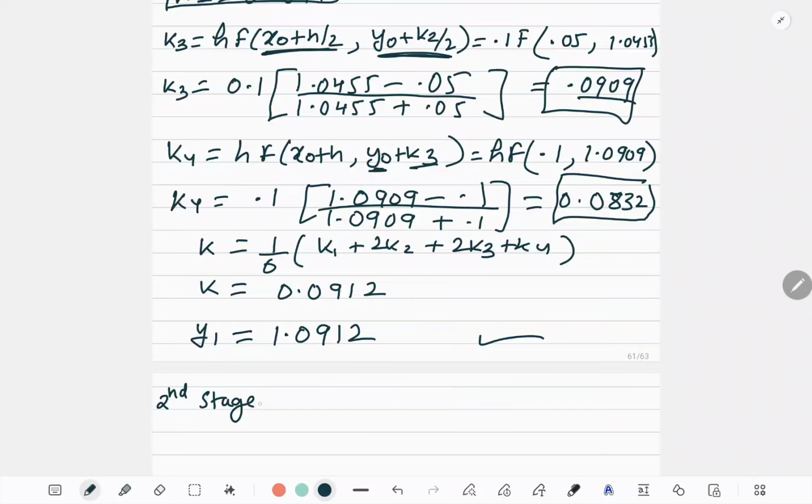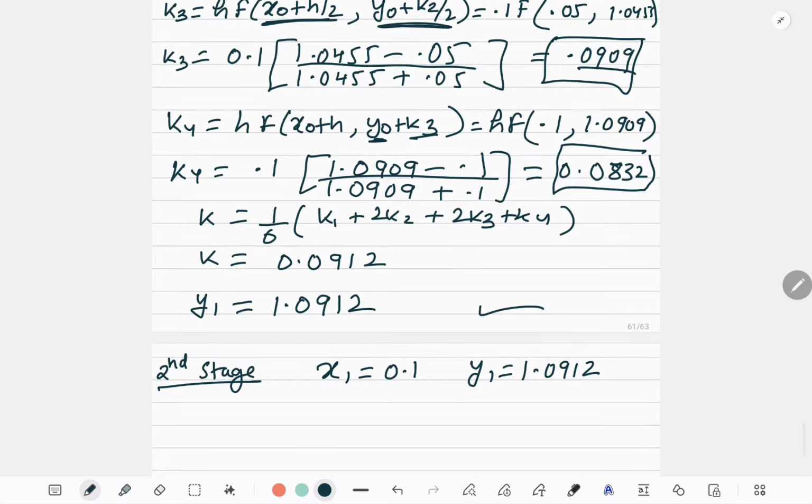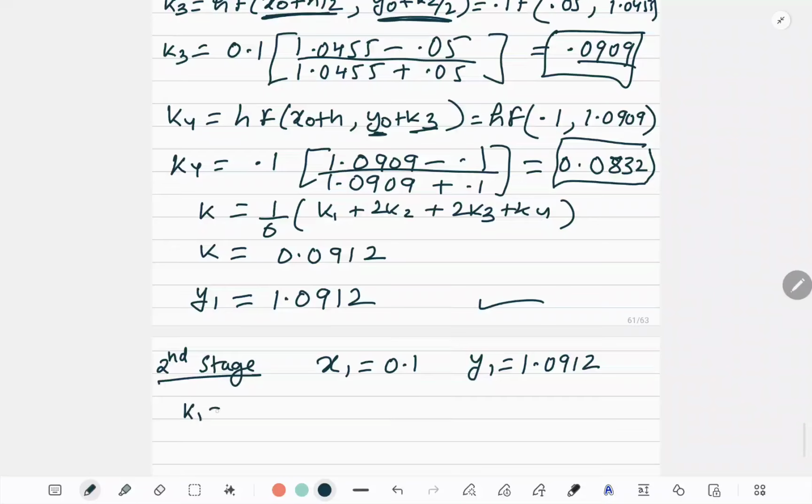When I go to stage 2, I have x1 is equal to 0.1 and y1 is equal to 1.0912. Correct? So now let us start. H is same as 0.1. So I will start the process. Again I will find out K1. Now K1 is h f of x1, y1.